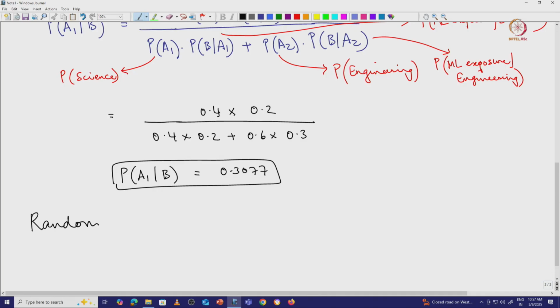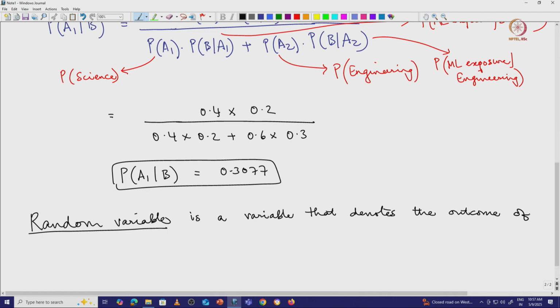So, a random variable is a variable that denotes the outcome of a stochastic experiment.